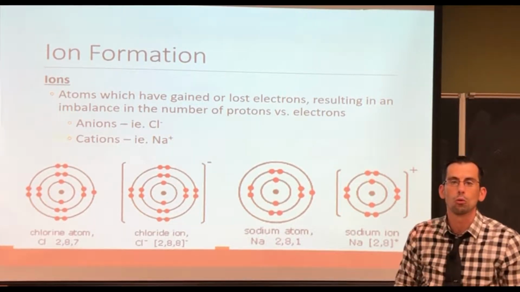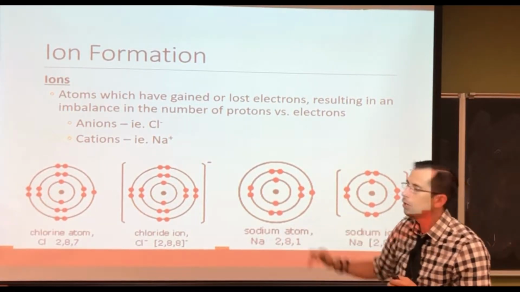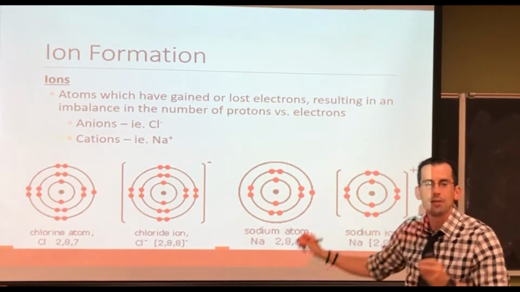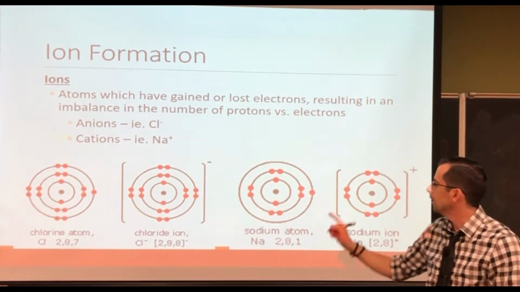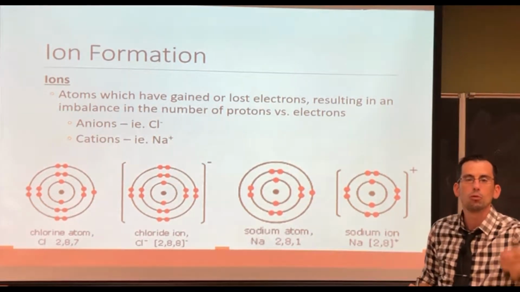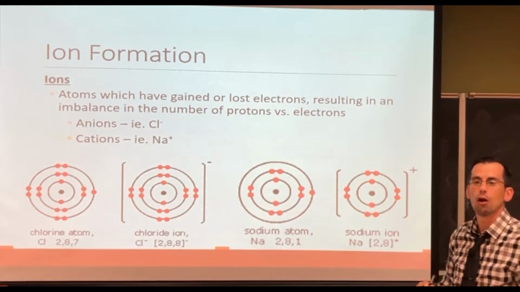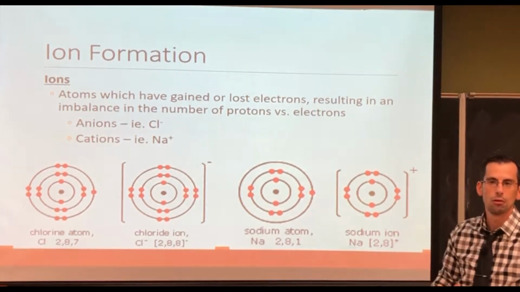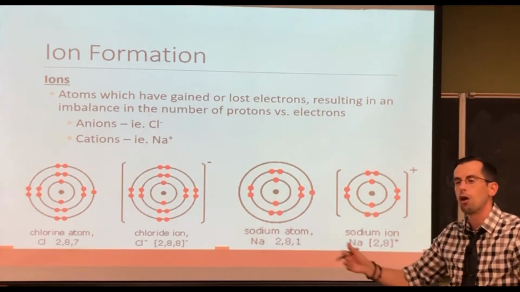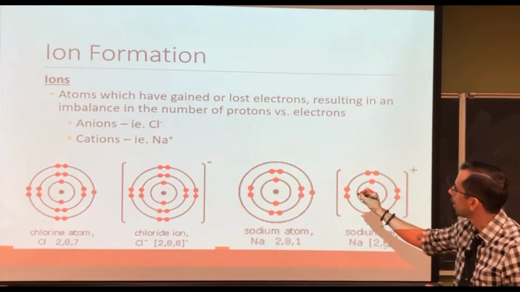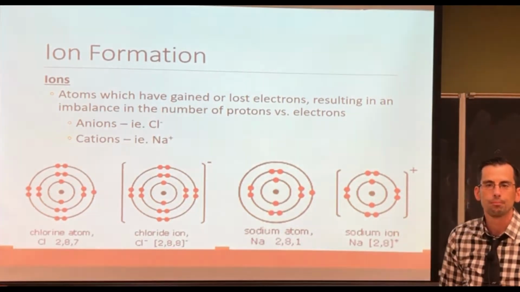That's what it's going to want to accomplish. So it's going to accept an electron from a donor, put it into this outer level, and fill it up with 8. Now it's going to be happy. But now we also have an imbalance between the number of protons, which are positively charged, and the number of electrons that are negatively charged. 1 extra electron than we have protons gives our entire ion, our chloride ion, a negative charge.